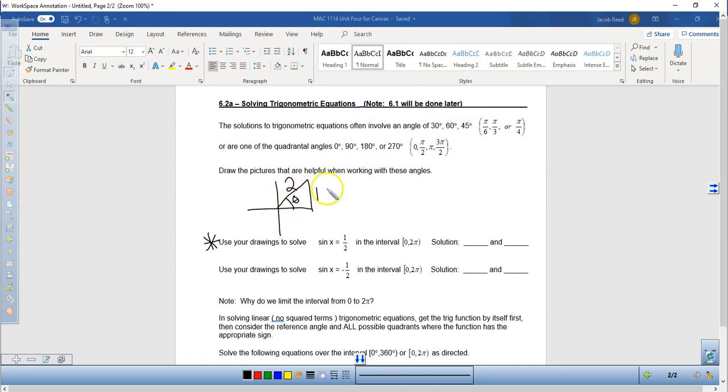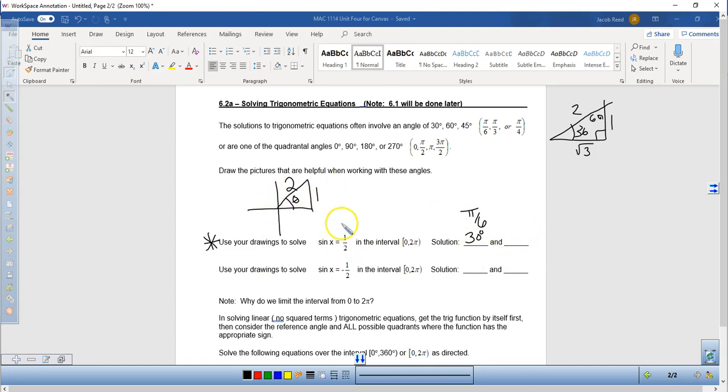Well, we always know that our special triangles, if this was 30, that'd be 1, 2, root 3 for a 30, 60, 90 triangle. So we got to talk about 30 degrees here. Could be 30 degrees. You could also say this is pi over 6. So degree or radians.